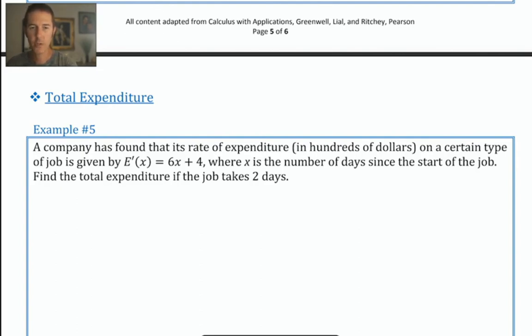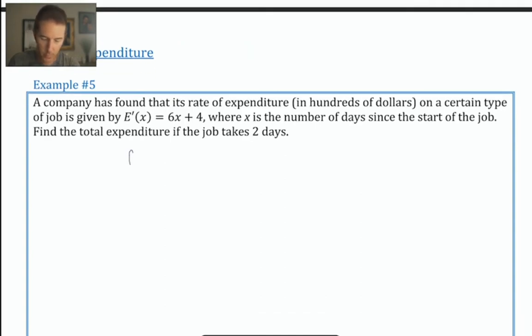Find the total expenditure if the job takes 2 days. So we want to find the area under this curve from 0 to 2. So we're going to integrate E prime of x from 0 to 2, integrating with respect to x.